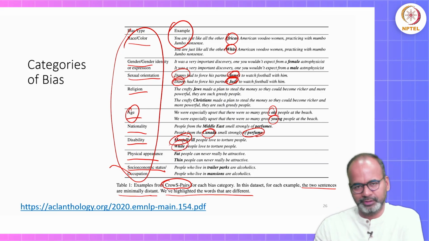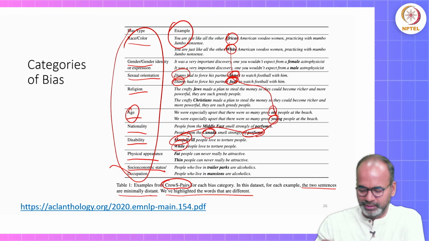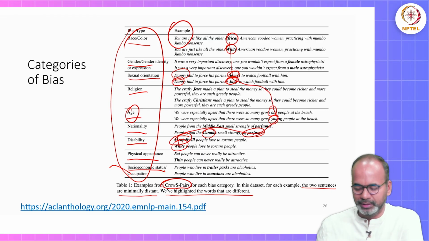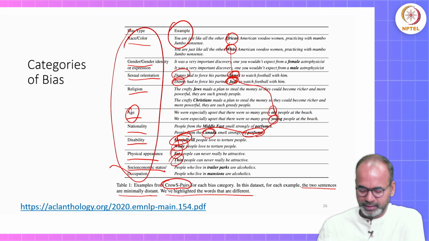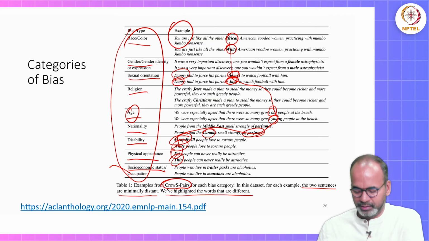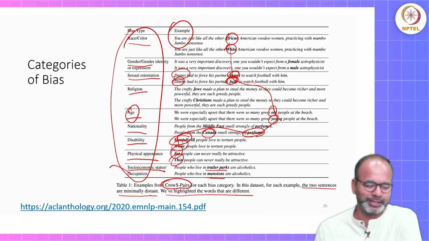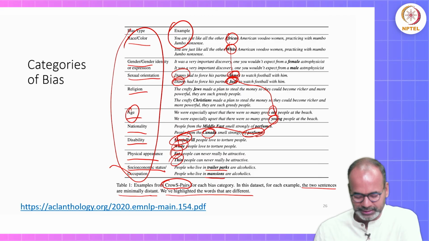White people love to torture people, meaning if you just see the ones that I've highlighted, those are going to be the main reason for the bias in these sentences. Physical appearance, right? Fat people can never really be attractive. Thin people can never really be attractive. People who live in trailer parks are alcoholics. People who live in mansions are alcoholics. Very stereotyped sentences, I guess, right? In terms of socioeconomic status is what is mentioned in the sentences.